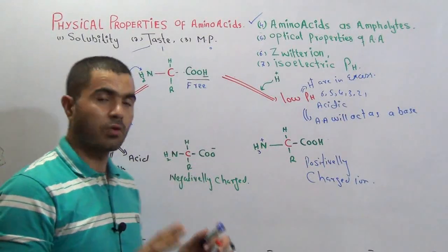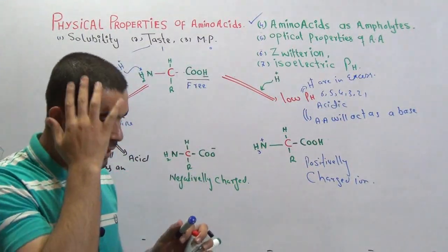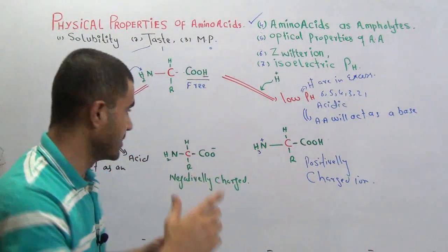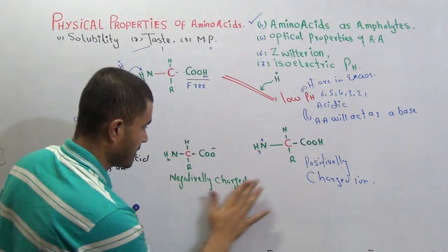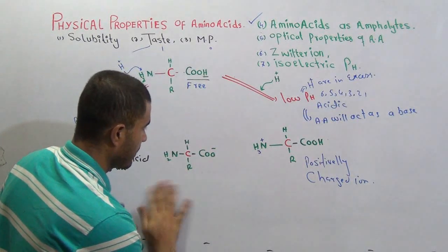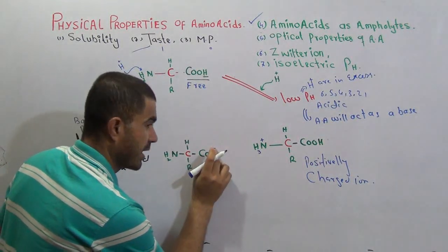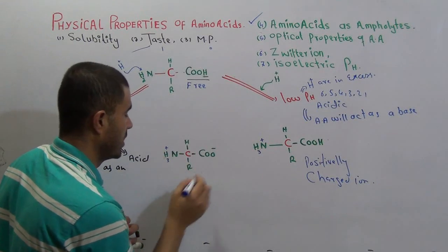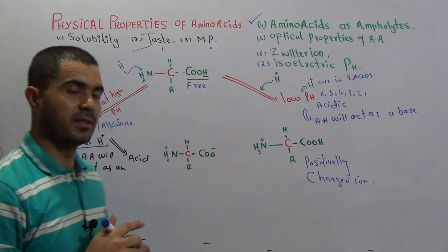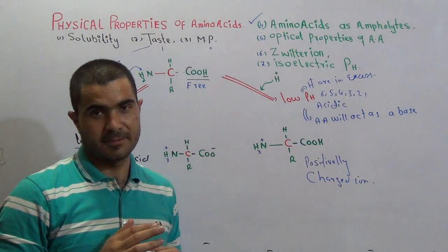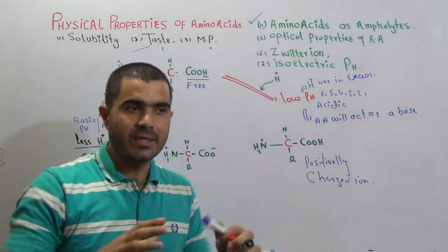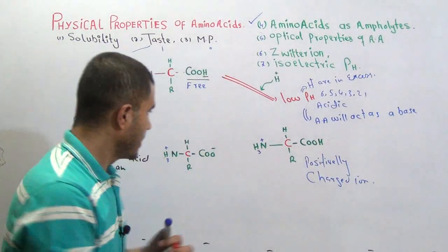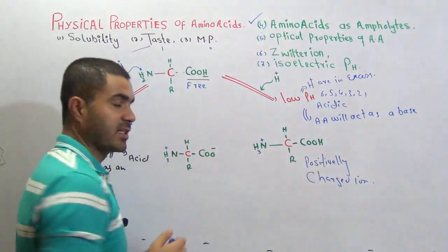A condition will also come sometime when an amino acid gets both a positive and a negative charge. This kind of amino acid will be called a Zwitterion. Zwitterion is a German word meaning hybrid, both negatively and positively charged.